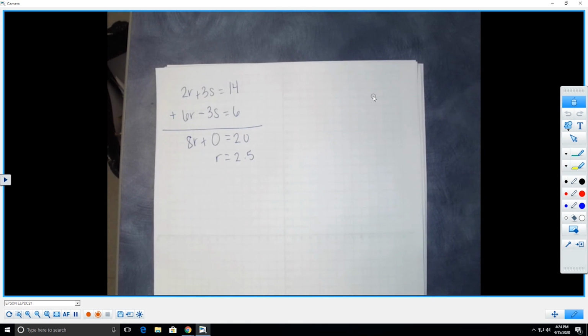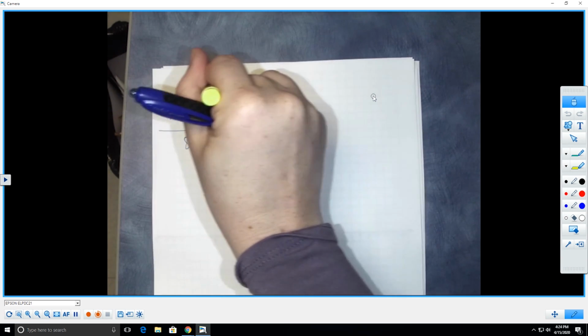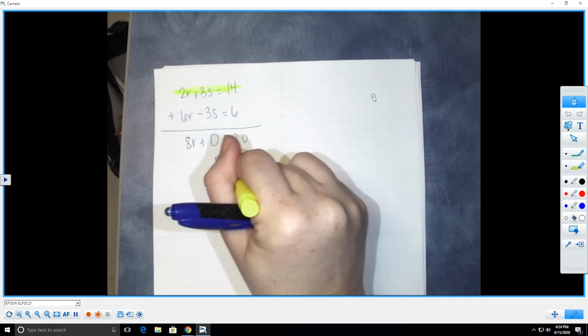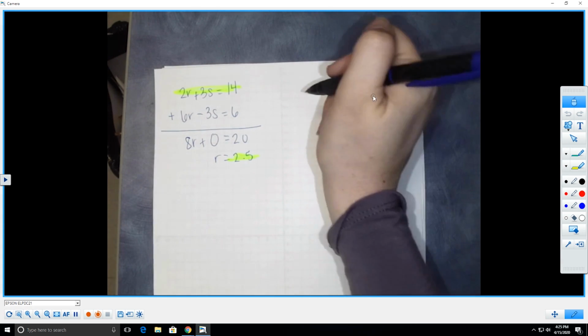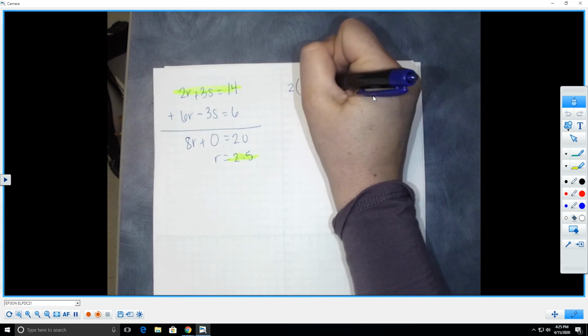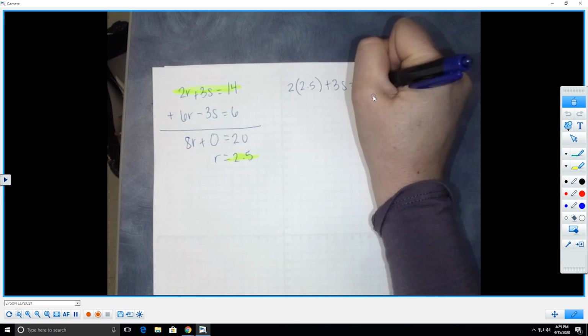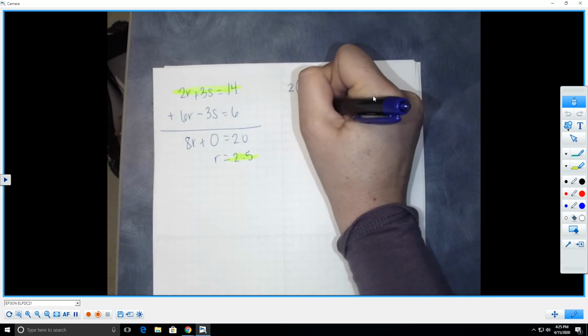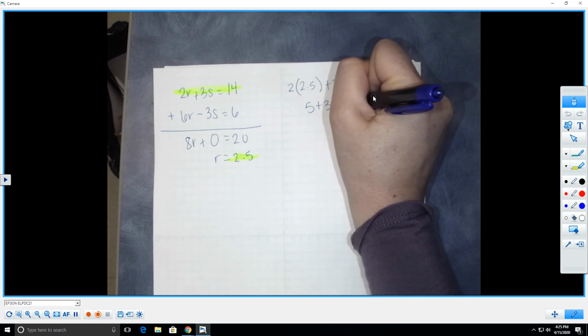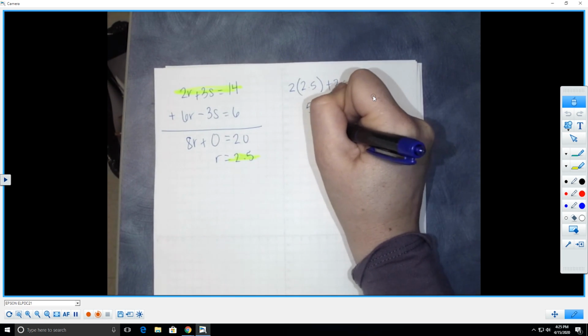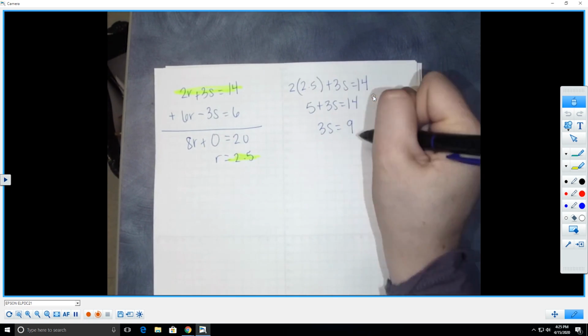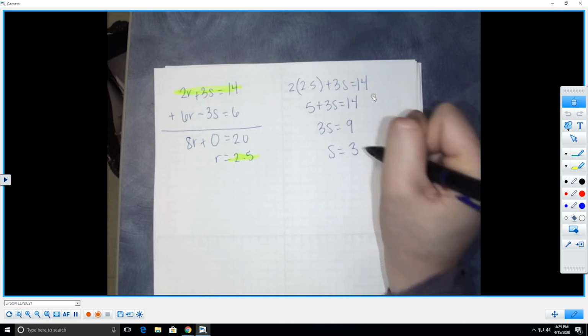So I'm going to use this first equation here and plug in the value of r. So I have 2 times 2.5 plus 3s equals 14, which gives me 5 plus 3s equals 14. 3s equals 9, and so s equals 3.